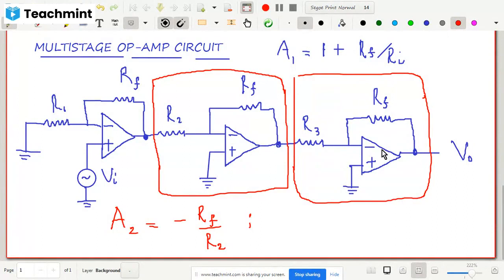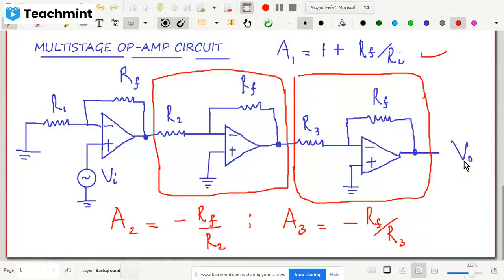That means this stage will behave like an inverting amplifier, and we know that the gain of the inverting amplifier is given by minus of feedback resistance RF divided by the input resistance, which is R3 in this case. Okay, so now we got all the formulas. A1 is 1 plus RF by RI, A2 is minus RF by R2, and A3 is minus RF by R3.